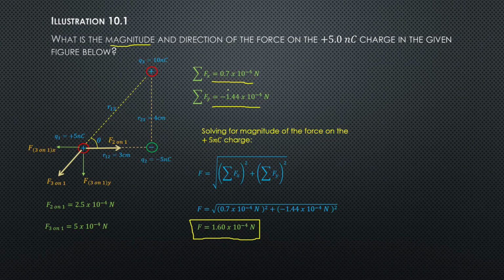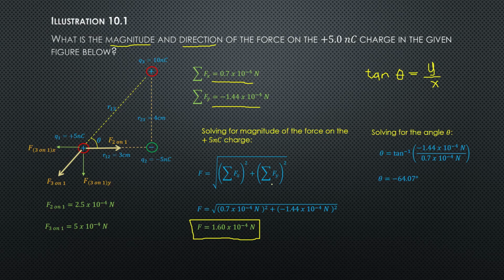Now the direction, solving for the angle using this formula: tangent theta is equal to y over x. The summation of forces along y over the summation of forces along x.